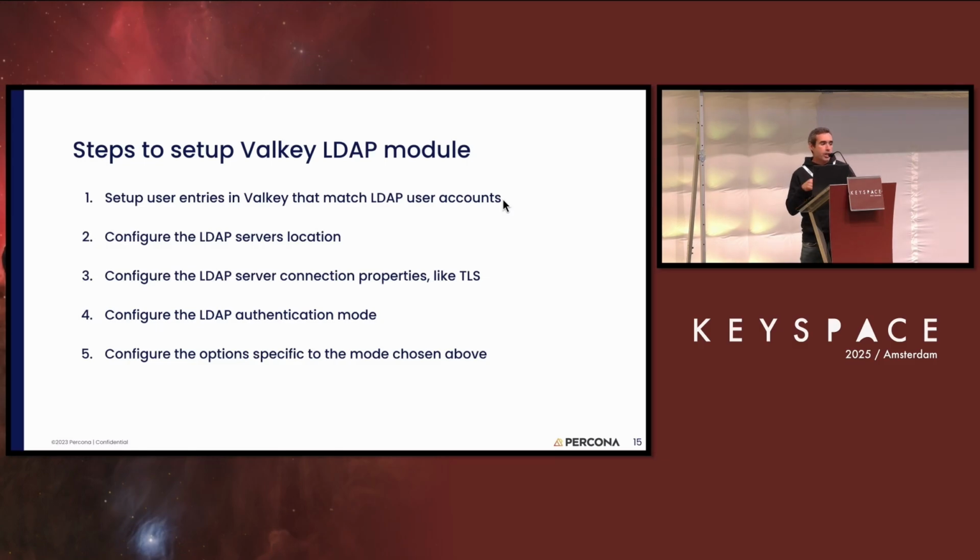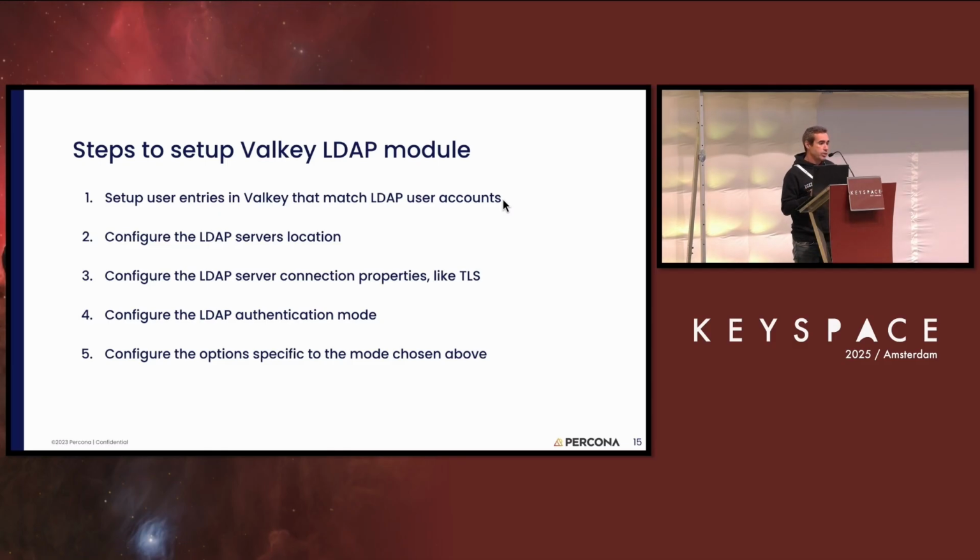So to set up this module is quite simple. All the users that we want to authenticate against LDAP need to be first added to the Valkey server. So we need to add the users and specify their permissions, their ACL rules. Then we configure the module by specifying the URLs for the LDAP servers.